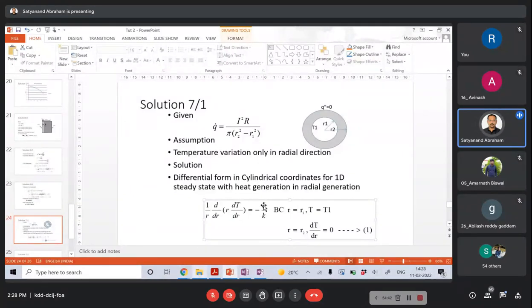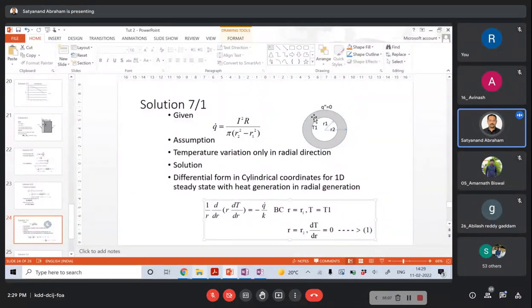But q we can keep like this because it is uniform heat generation, and it is a constant value. And what is the total heat generation? Total heat generation per unit volume is I squared R. I squared R is the total heat generated, divided by the volume. What is the volume? Volume is cross-sectional area into length.